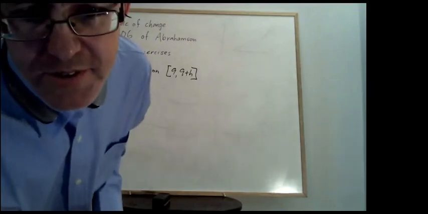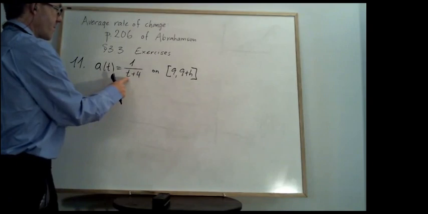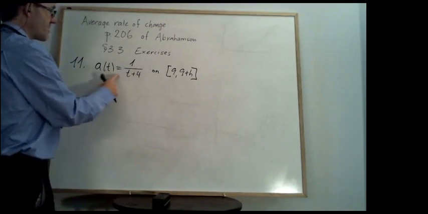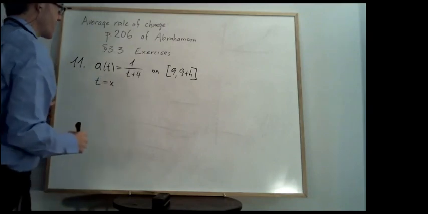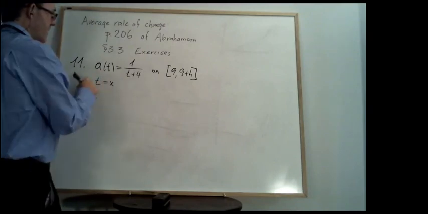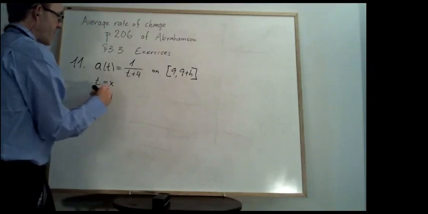Okay, so don't be put off by these variables. These just mean x. So t just is x. T is the x value, and you can think of a as now the y variable.